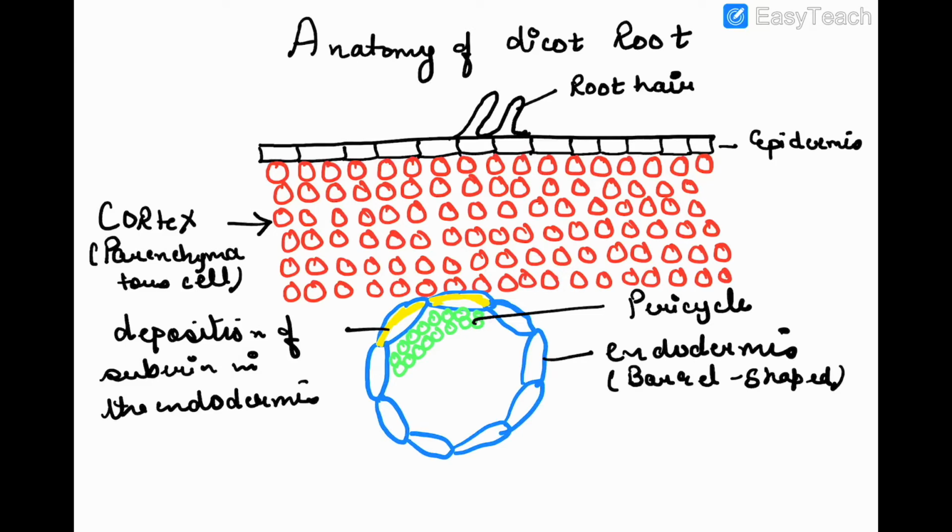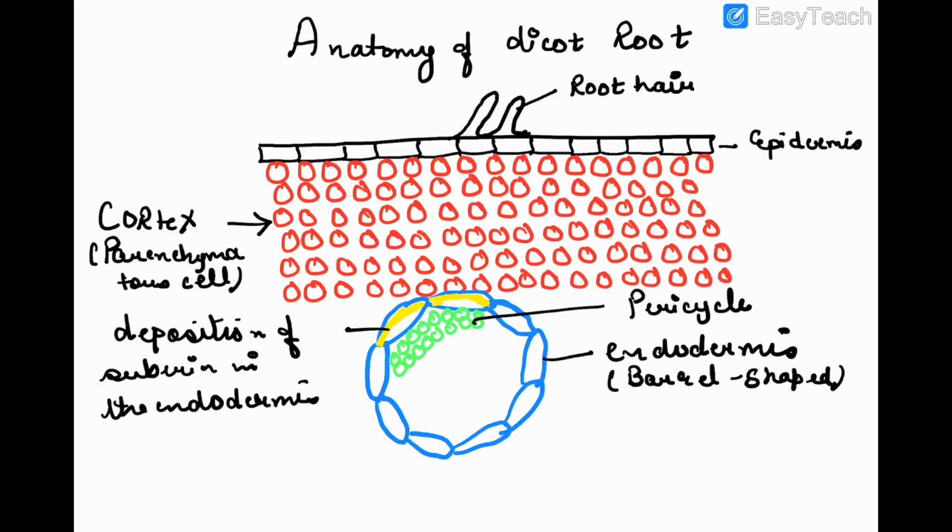Now you should know that initiation of lateral roots and vascular cambium during secondary growth takes place in the pericycle layer.